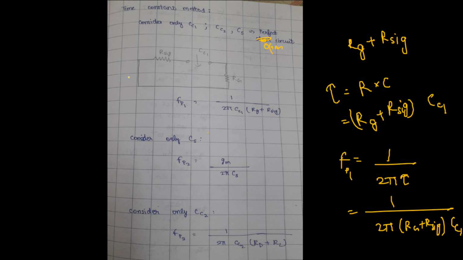Similarly, we take every capacitance circuit, find the equivalent resistance, find the time constant with that, then find the frequency using this formula, which is frequency is equal to 1 by 2 pi into tau. So with that, we've come to the end of the time constant method, and we've come to the end of the chapter as well.